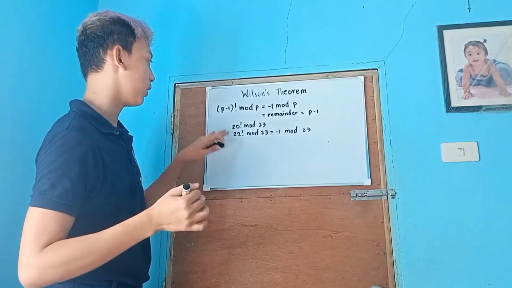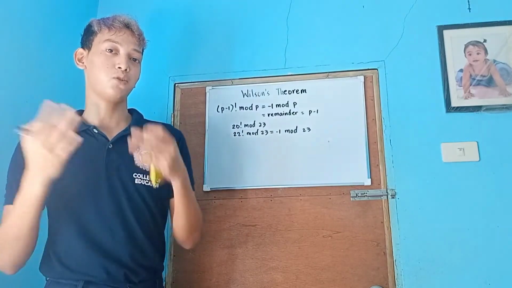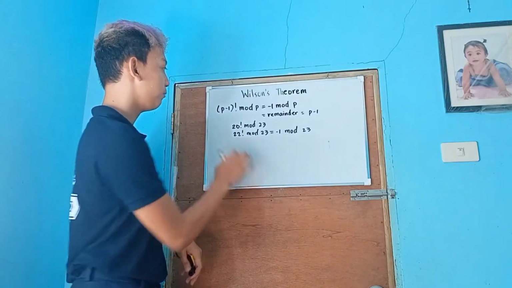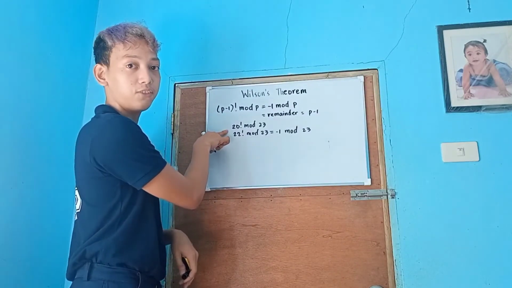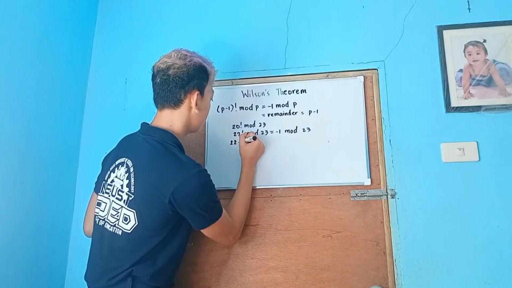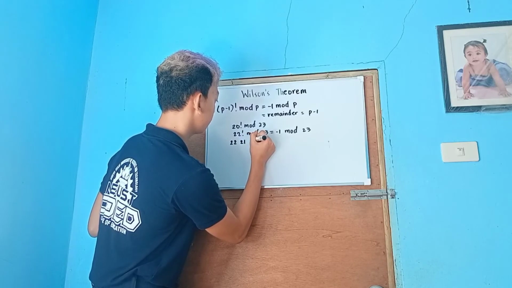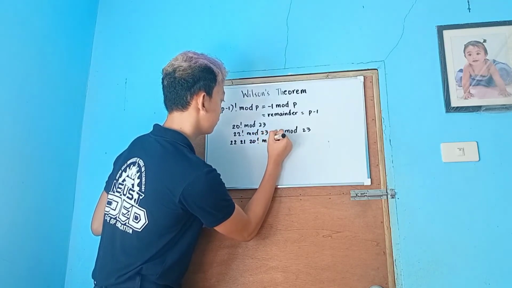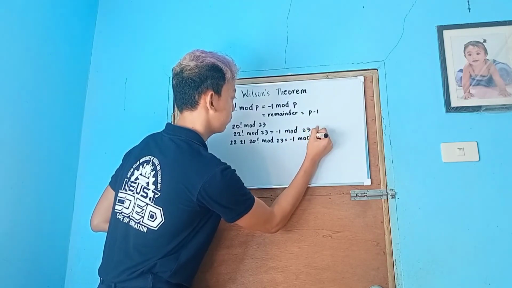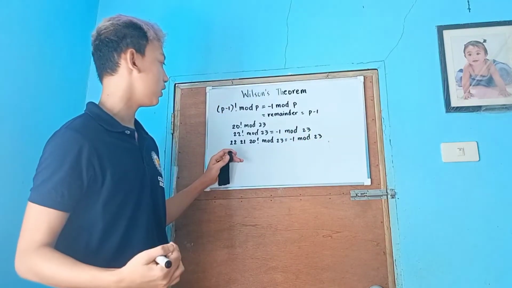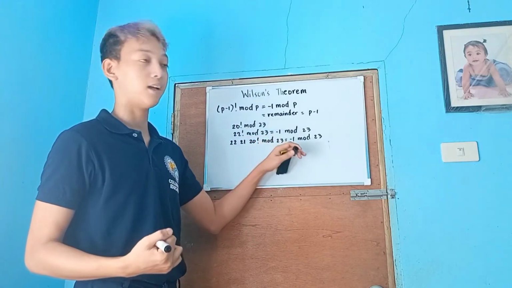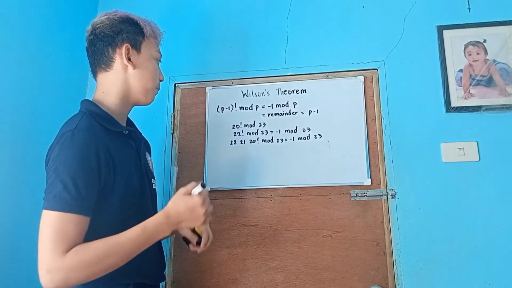So the factorial of 22 is 22 times 21 times 20, etc. But again, we have to stop at 20 because our given is 20 factorial mod 23. So it becomes 22 times 21 times 20 factorial mod 23 equals negative 1 mod 23.